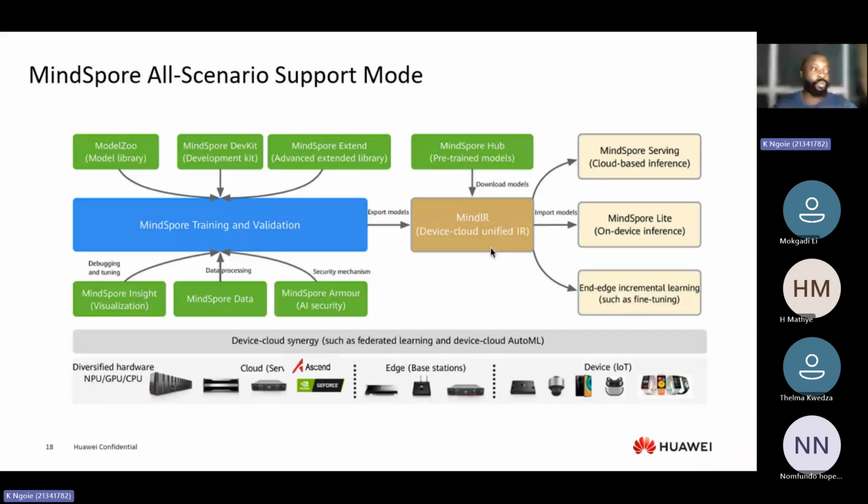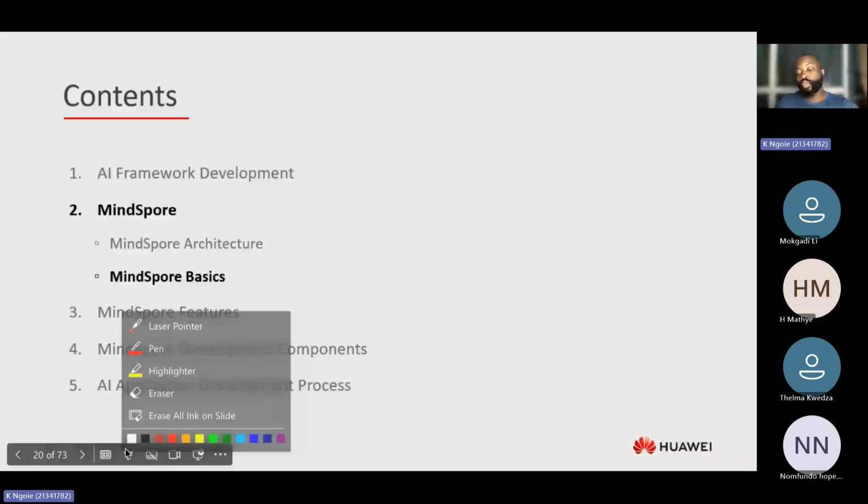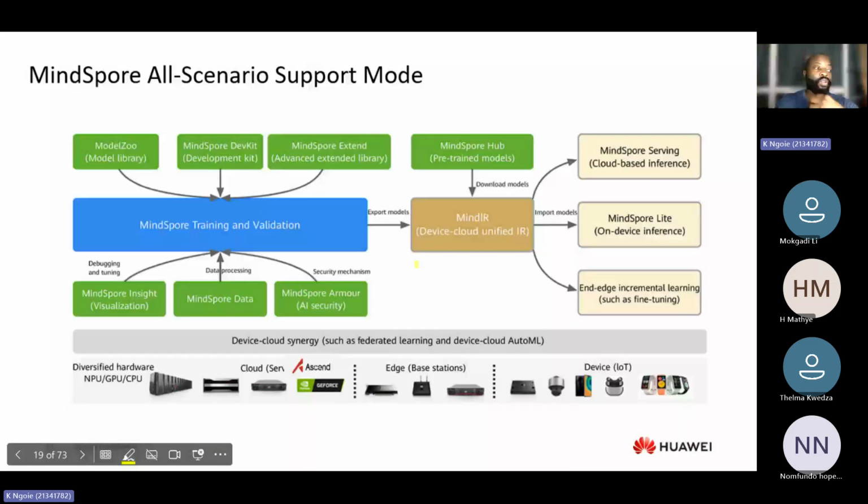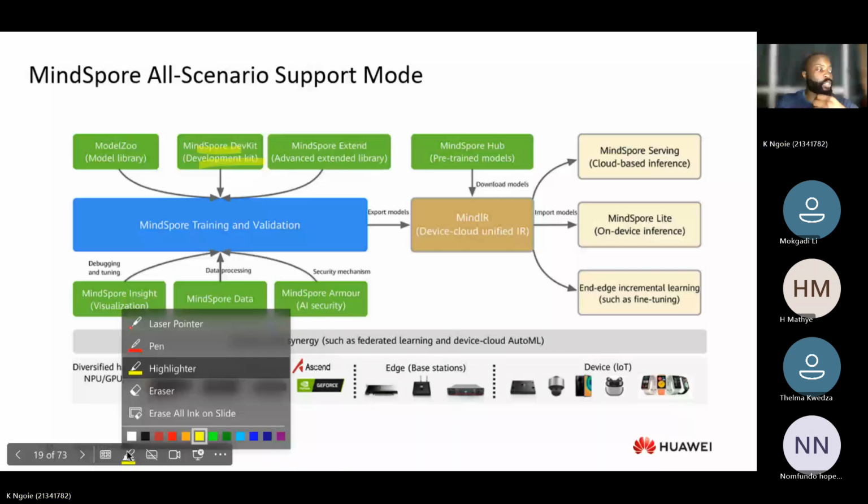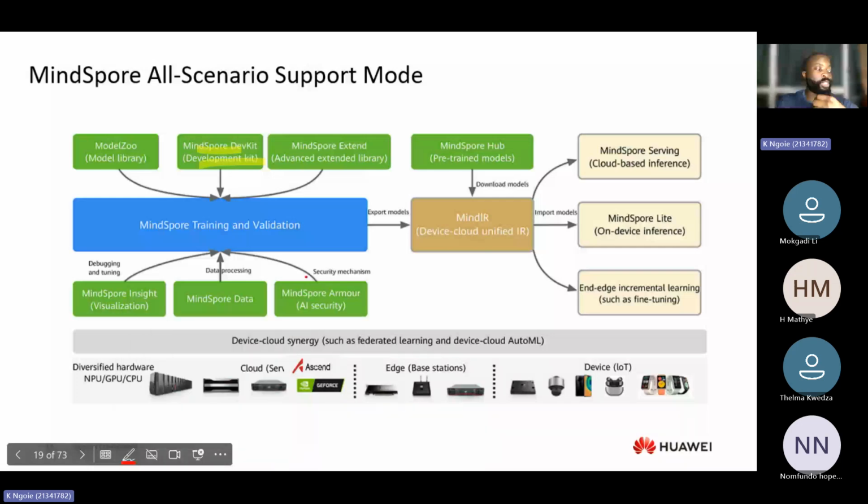So if we are on the same page, MindSpore is just an AI framework for building machine learning. And yesterday we saw that we have different tools which we can use inside MindSpore to build different things. For example, we spoke about the MindSpore dev kit, which is a platform that can help us publish our own code, publish our own model, or get from other people.